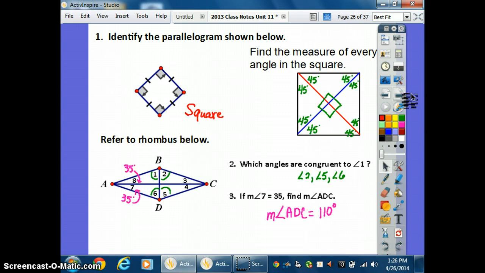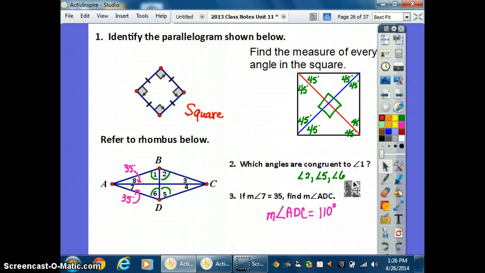Okay, I hope these are the answers you got. Square: right angles in the center of the square, 45 in each corner bisected, taking on those properties of the rhombus. And then number 2, which angles are congruent to angle 1, 2, 5, and 6.